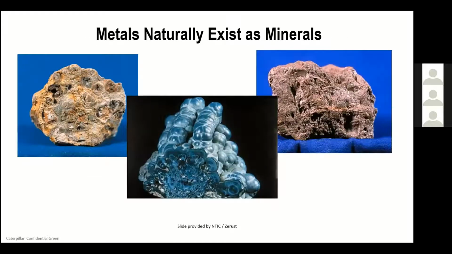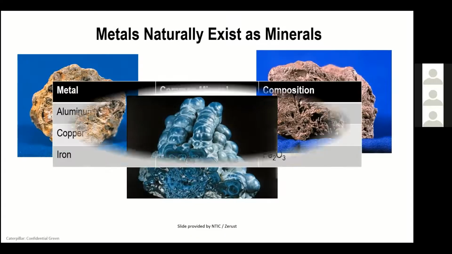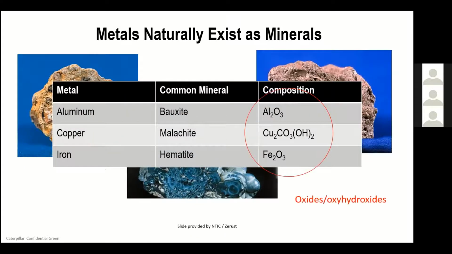Most of the things that I'm going to talk about deal with ferrous materials, but metals naturally exist as minerals, and then they're refined. You can see there are different oxides and oxyhydroxides that accompany the composition of the mineral, but it's refined into aluminum, copper, and iron.